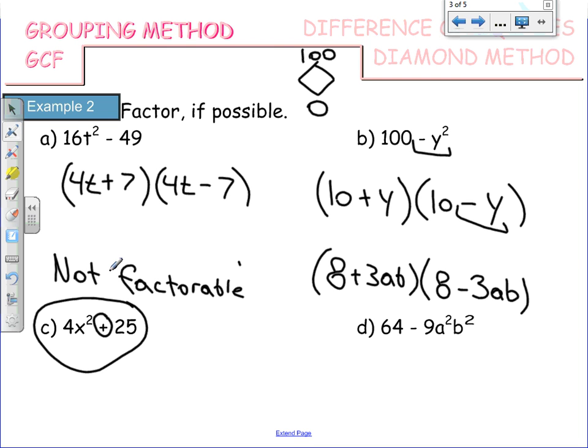Okay, any more questions about this? What turns your negative into...? Good question. So if we had negative x squared minus 4, and you make your diamond, what goes on top?